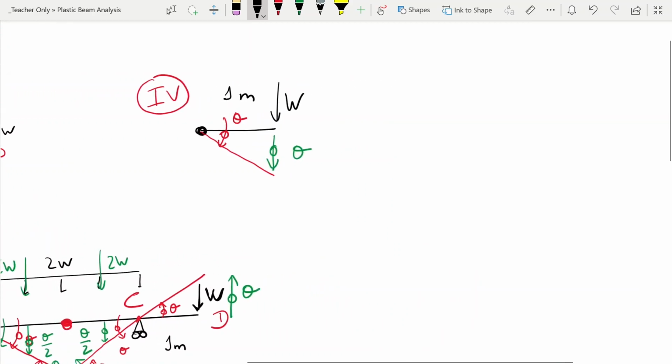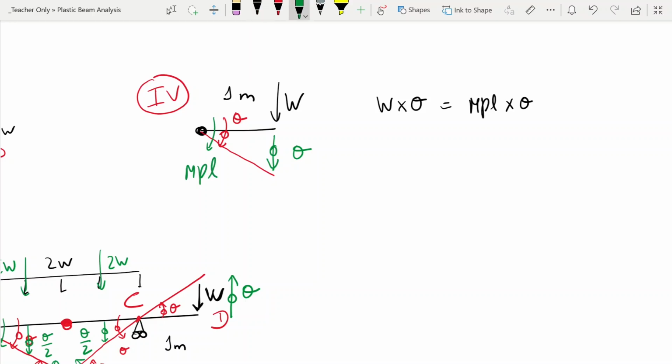So the equation in this case is nothing more than W times theta is equal to MPL times theta. And in this case, we can see that only one hinge will cause the collapse of this part of the structure. So that's why you only have one MPL theta. So at the end, we can say this is equal to 60 kilonewton.